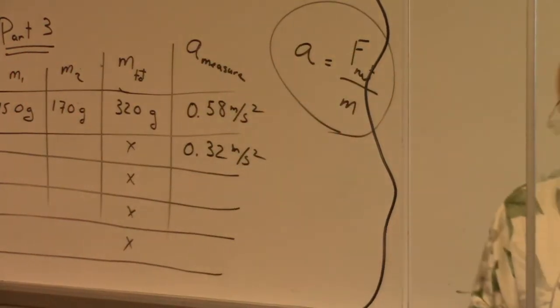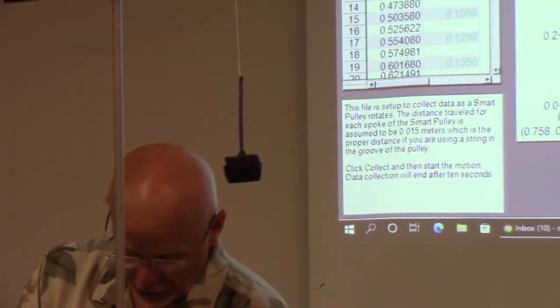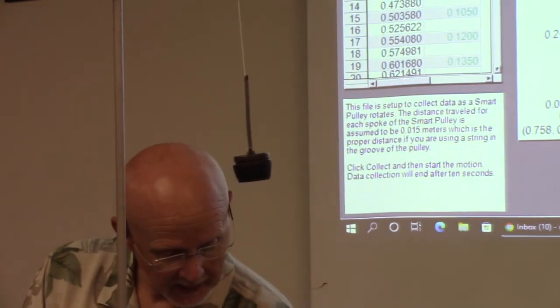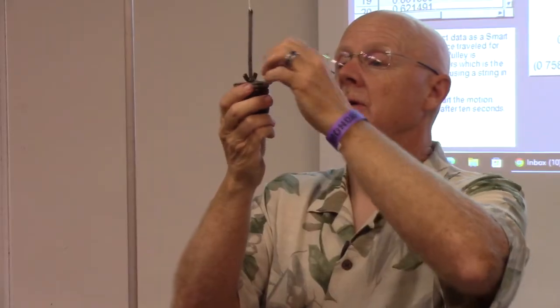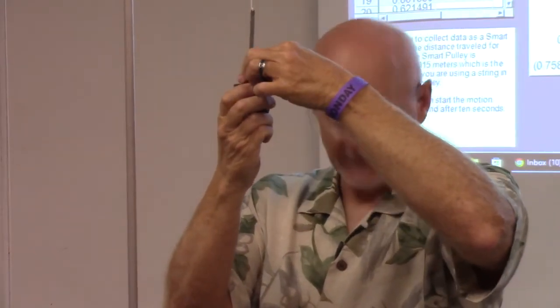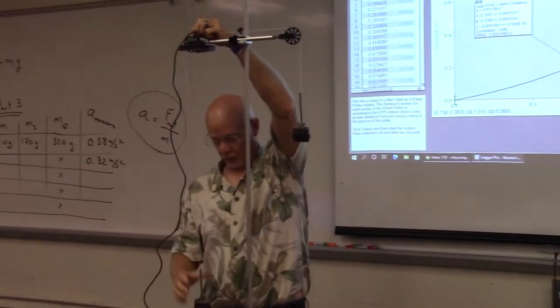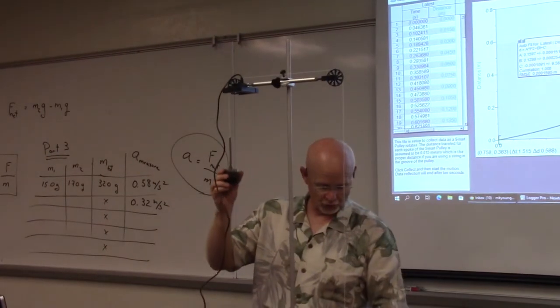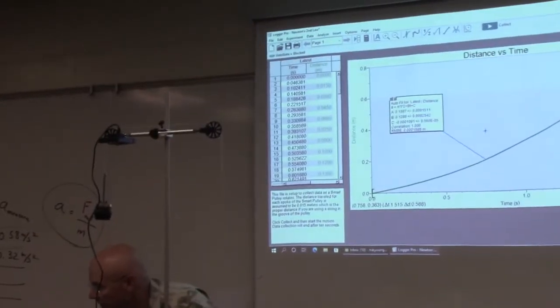The third one again says, put 100 on each side. So my 270 is now going to become 370. And my lighter one, which is 250, will now become 350. And so, let's try this acceleration.